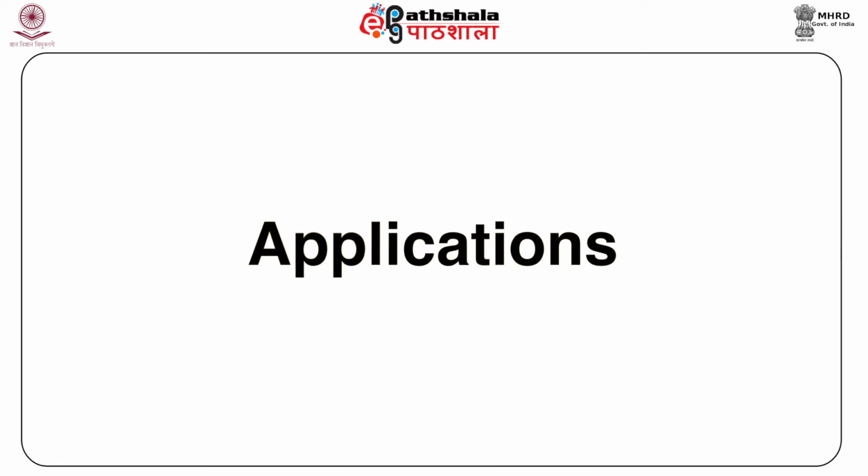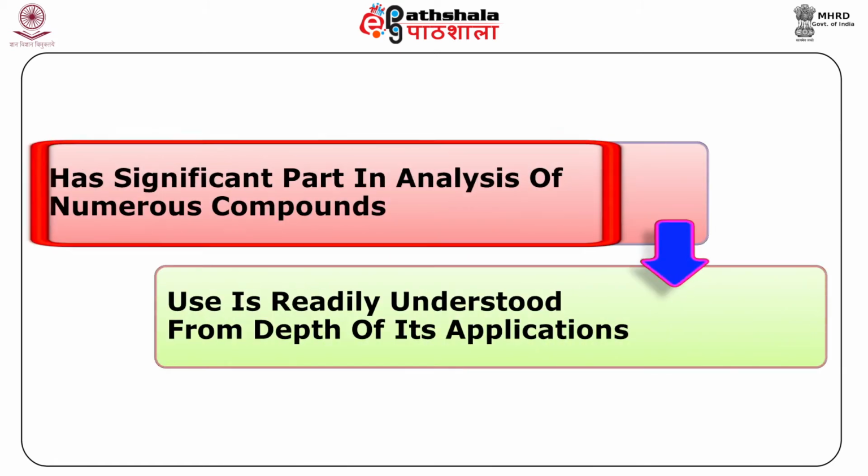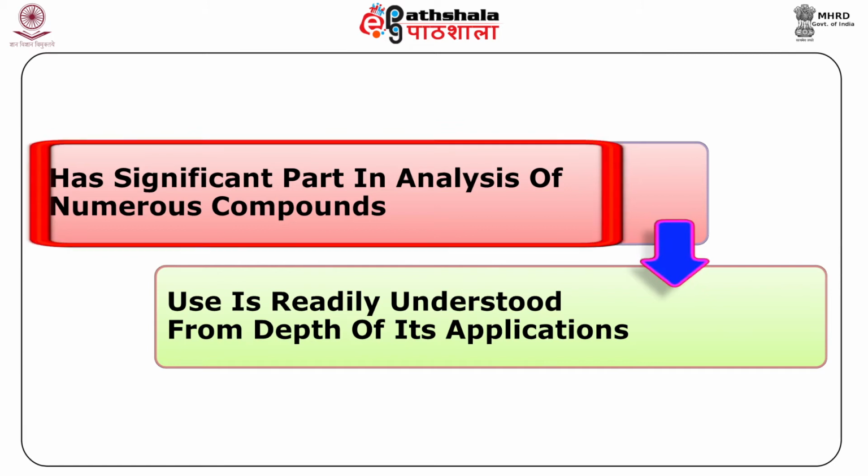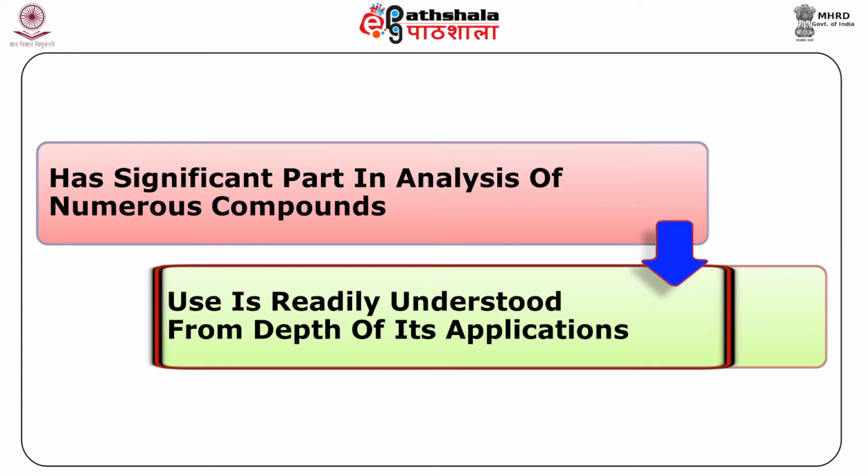Next, we will study about the applications. The UV visible spectrometer has a significant part in analysis of numerous compounds, metals, etc. Its use is readily understood from the depth of its applications.